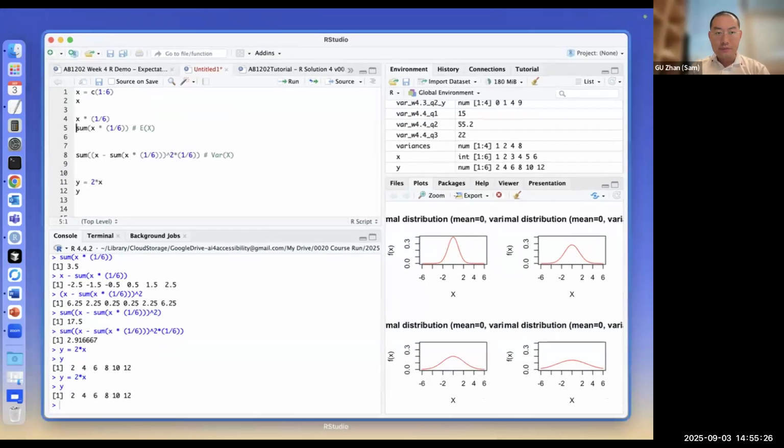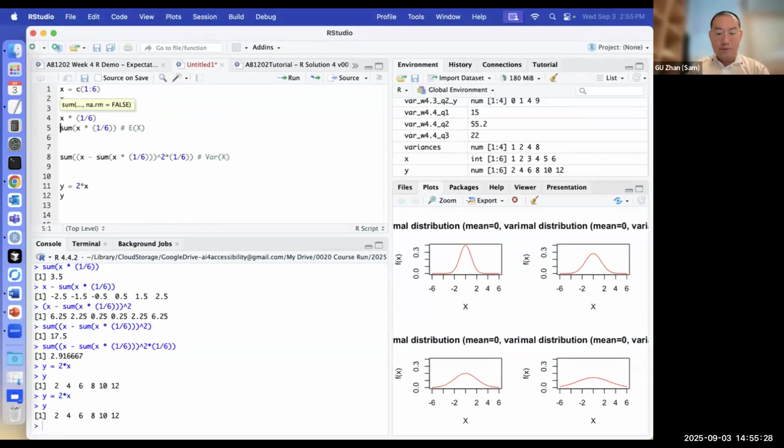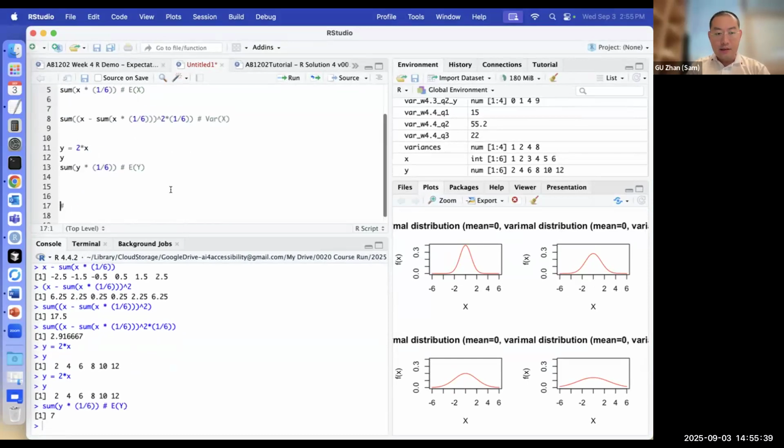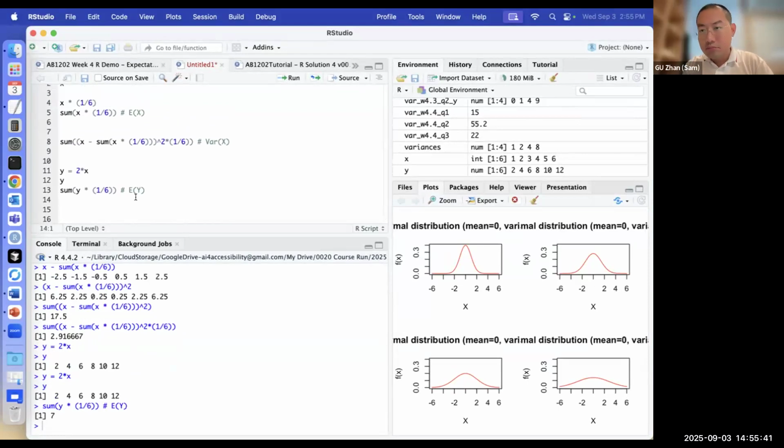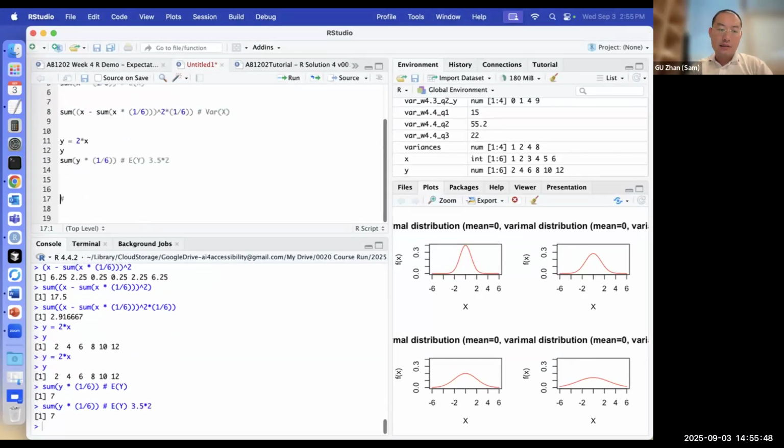The probability is still the same, so instead of x, you change to y. Then you check y. What is the value of y? Its expected value is 7. So it is 3.5 times 2, right? So it is 7.